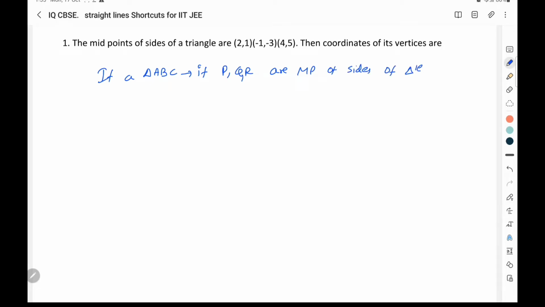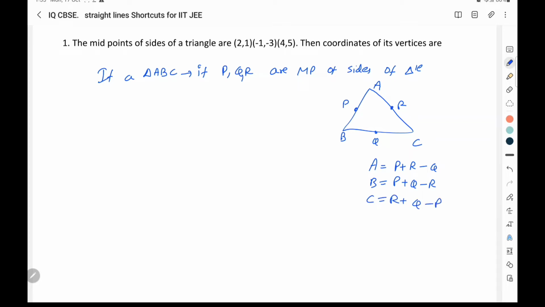So A, B and C, and this is P, this is Q and this is R. Then the shortcut trick here is A is equal to P plus R minus Q. Similarly, B is equal to P plus Q minus R and C is equal to R plus Q minus P. Okay, so using this trick we'll find these values.